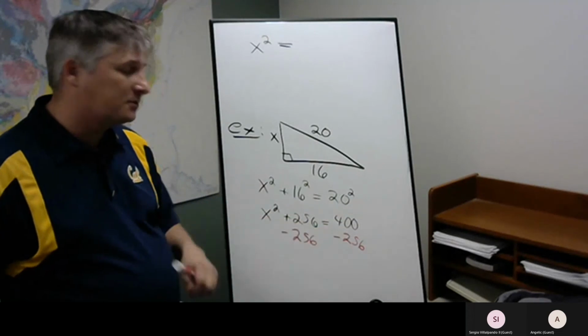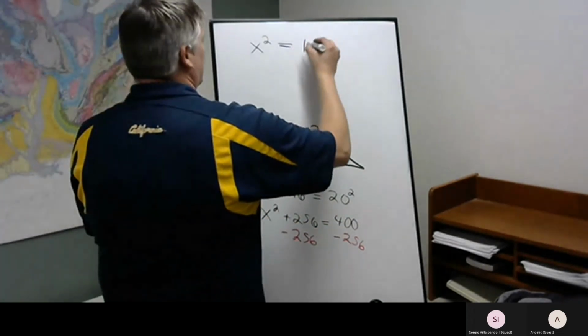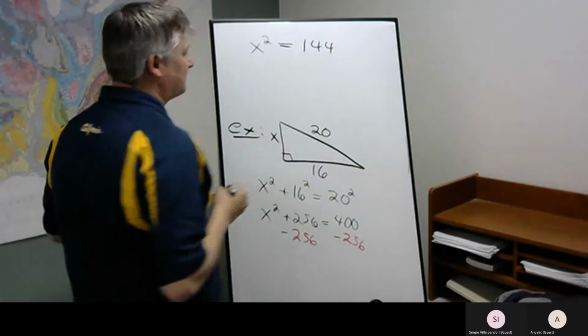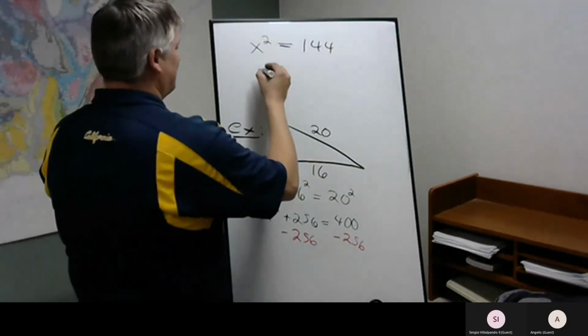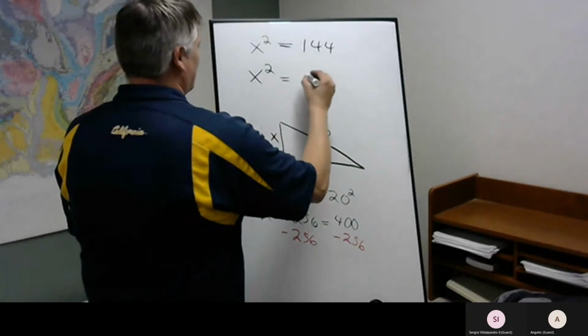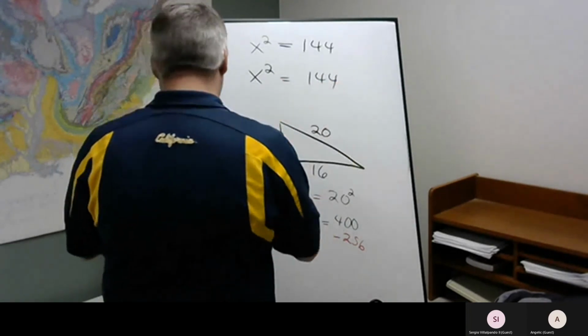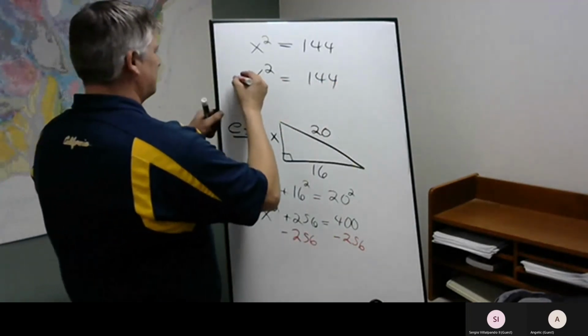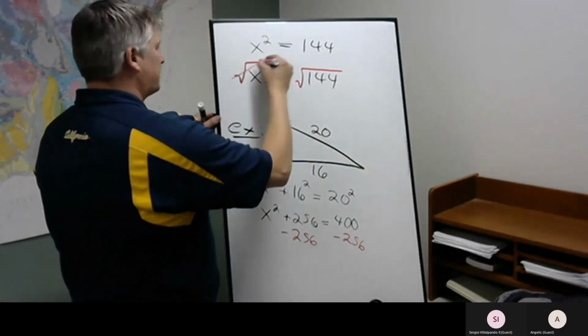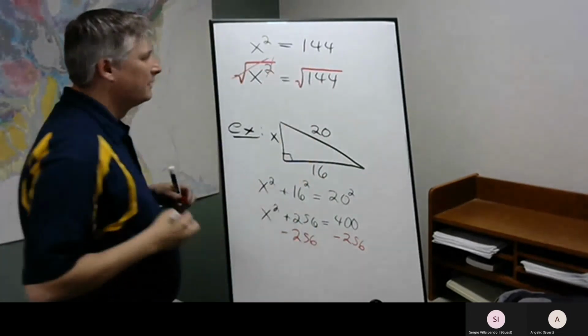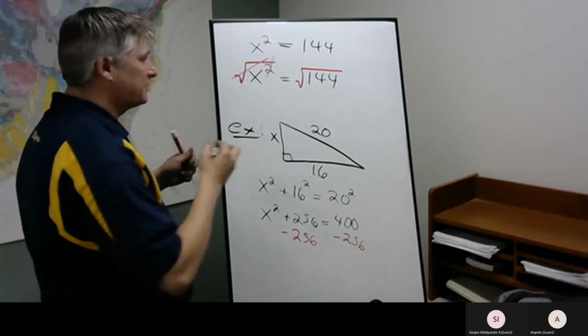So 400 minus 256 is 144. Now we're going to take the square root of both sides. And then the square root and the square always cancel, leaving just x.